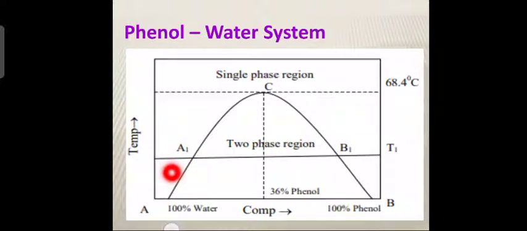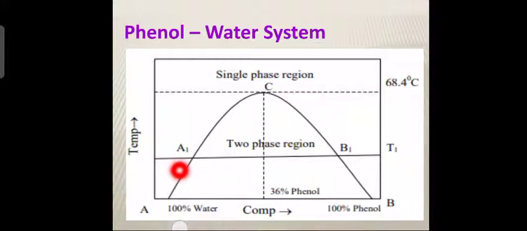You take 100% water, it has the lowest miscibility temperature. As we move from left to right, the percentage of water goes on decreasing, whereas the percentage of phenol goes on increasing.